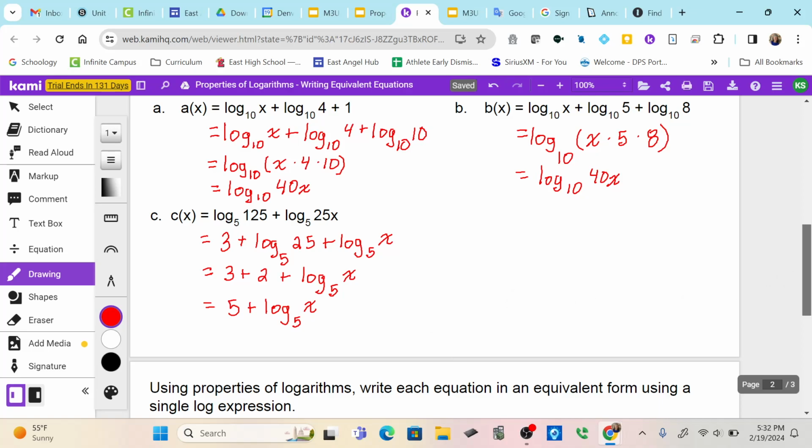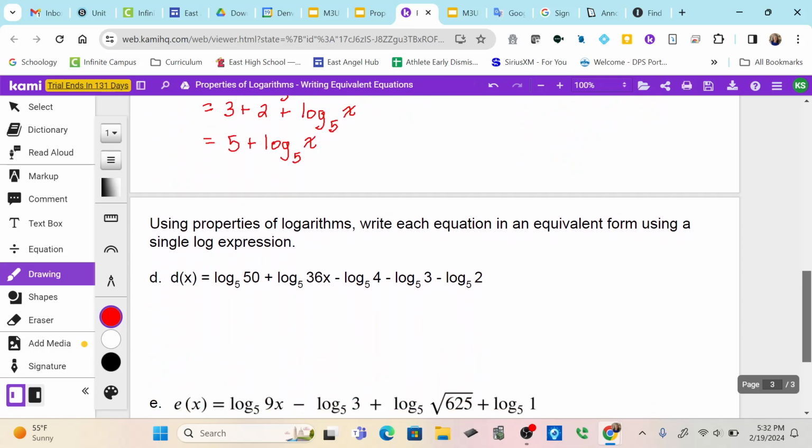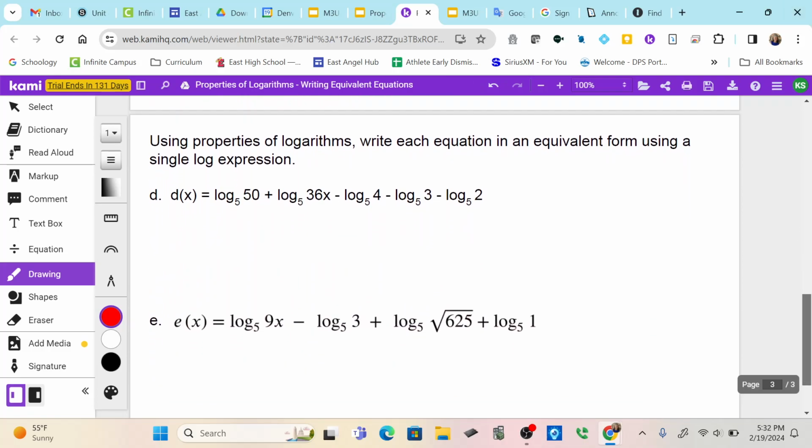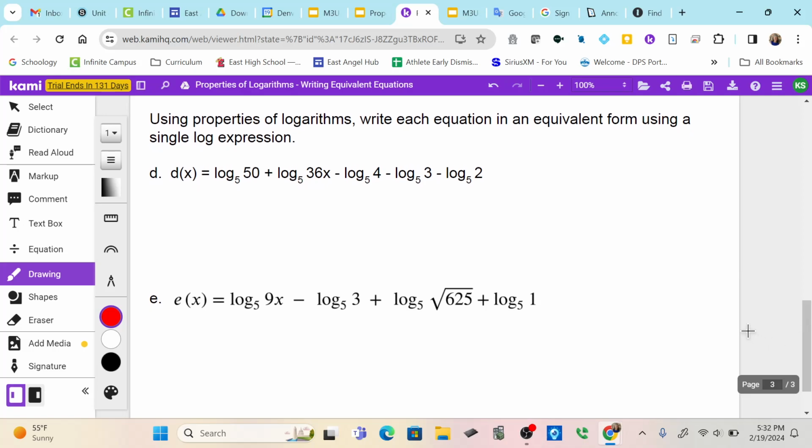And I have two more, I believe, to do with you. These two are a little bit longer, have a few more operations. Looking at d of x, I have the first two added together, and then I have the last three written as a subtraction. So a couple of things. I am going to go ahead and just write this as log base 5 of 50.